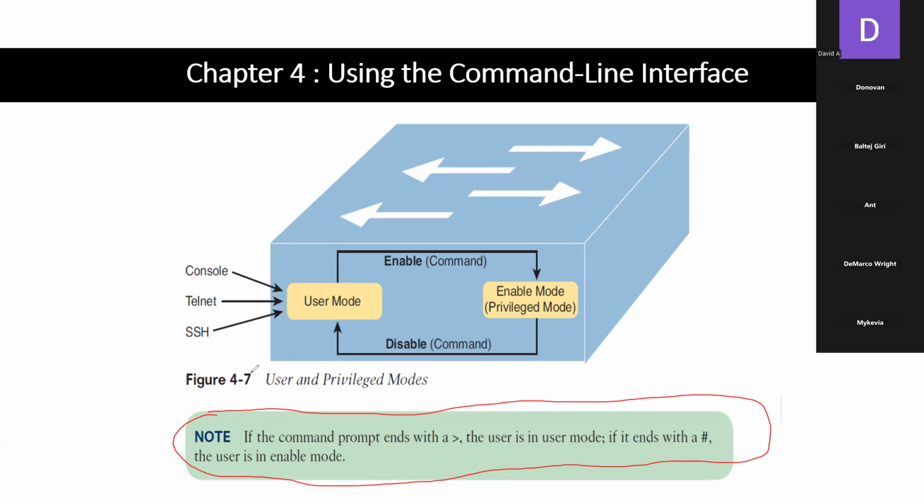Okay. If the command prompt ends with a number sign, the user is in enable mode. Those are the differences, and you need to know that for the exam. It doesn't say key topic, but it is a key topic as I explained it to you. You have to understand the difference, okay? All right, good stuff. Let's go ahead and keep going.